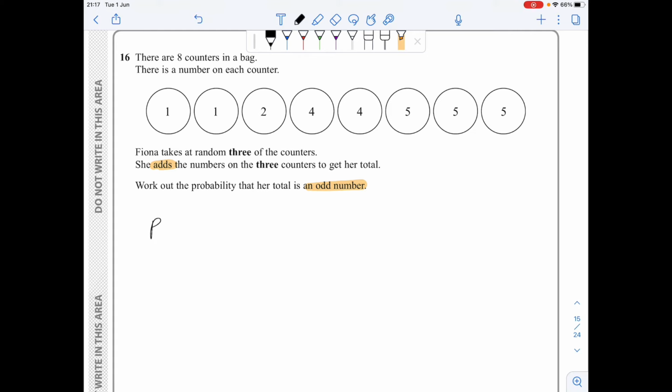The probability of getting 3 odd numbers is 5 over 8, because there are 5 odd numbers, times 4 over 7, because I'm selecting without replacement so one of them is gone, times 3 over 6, and this comes out to be 5 over 28.